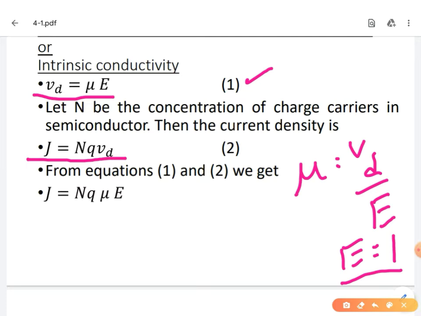From equations 1 and 2, we get the final equation: substituting the value of Vd from the first equation into the second, we get J equal to nq mu into E.